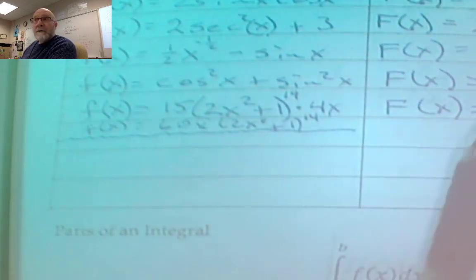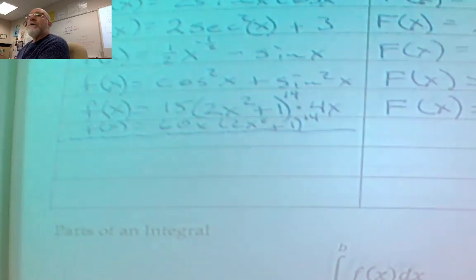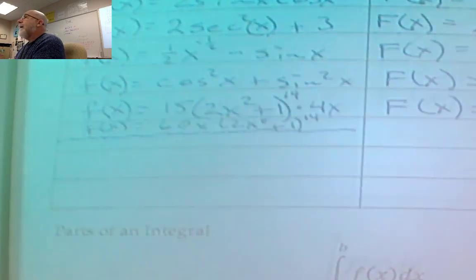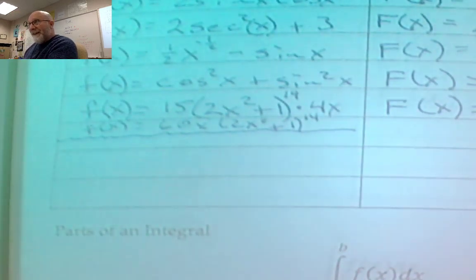It's the chain rule that created it, correct? All right. Now, do you want to volunteer or you want me to pick somebody? Does anybody want to volunteer this next one? Very good. You ready?